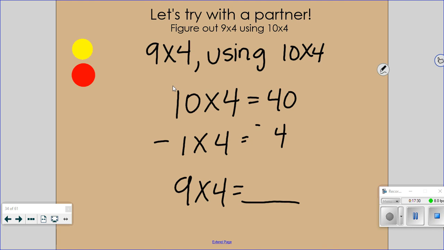Once I figure that out, I will know 9 times 4. A lot of y'all can't subtract very well. I highly recommend you count backwards. 40, 39, 38, 37, 36. 40 minus 4 is 36, which means our answer to 9 times 4 is 36.